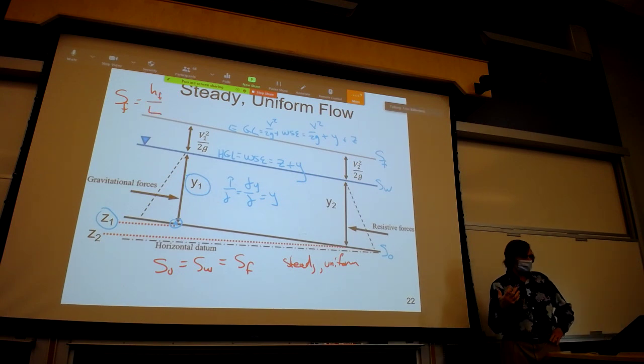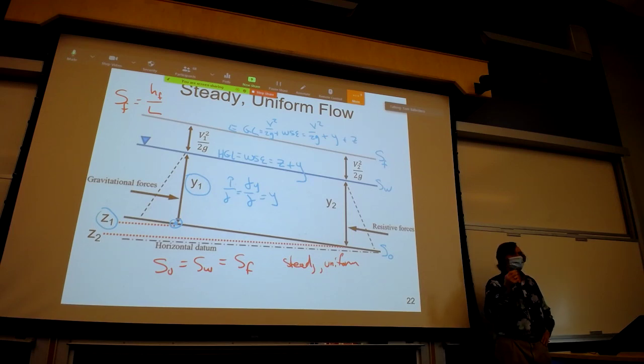Again, the comment I made early on is we use the Manning equation to describe friction losses. And friction losses are built into the friction slope.